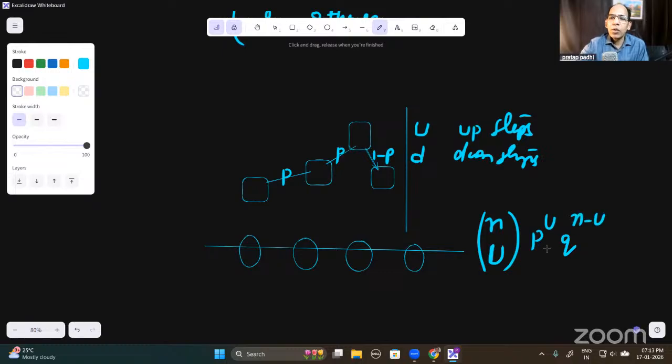This is a binomial. So n steps are allowed, n times you need to play. Out of that, u steps are there with probability p, and n minus u down steps are there. In total, u plus n minus u is n steps. It's like tossing a coin, winning and losing.